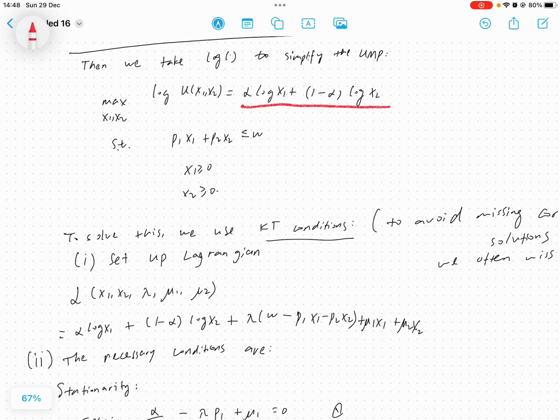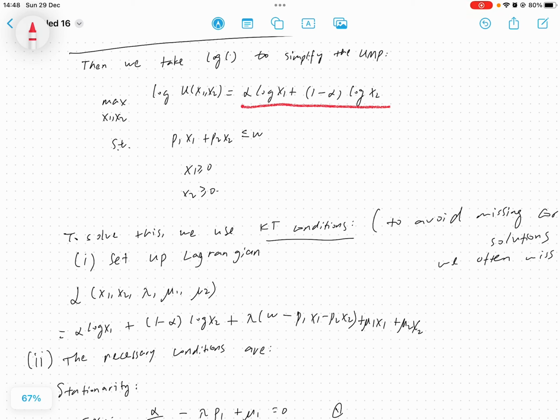This calligraphic L is a function of all those parameters x1, x2, and we also treat those multipliers that we put in front of the constraints as variables of this Lagrangian function, mapped to a real number.